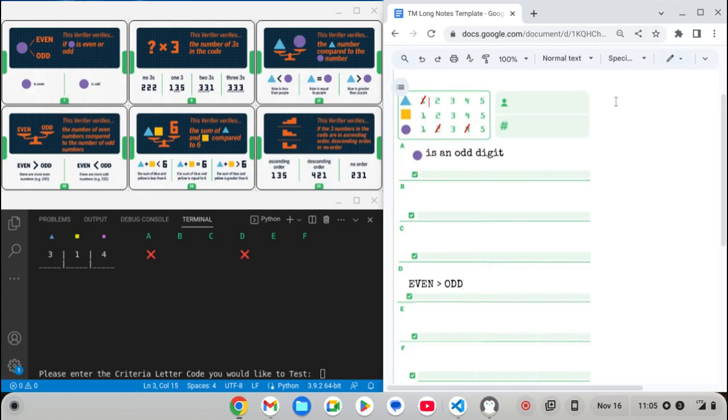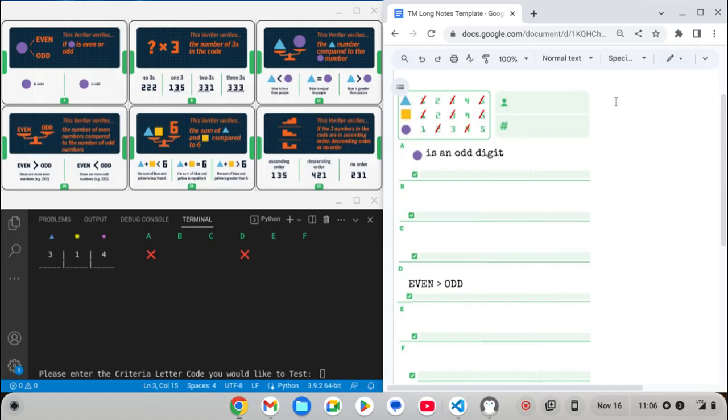So let's go ahead and cross out all of the odds in both triangle and square. So that means we are looking for a solution that is even, even, odd. Very interesting.